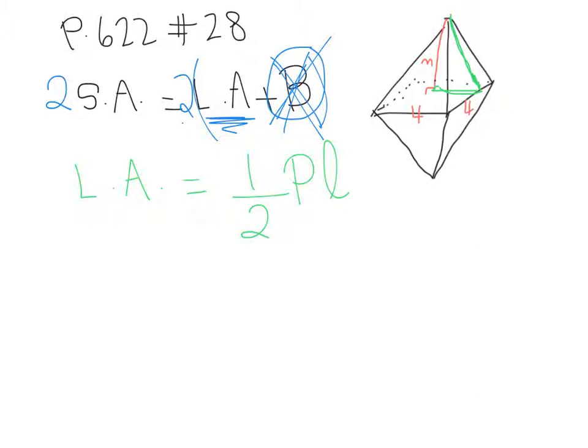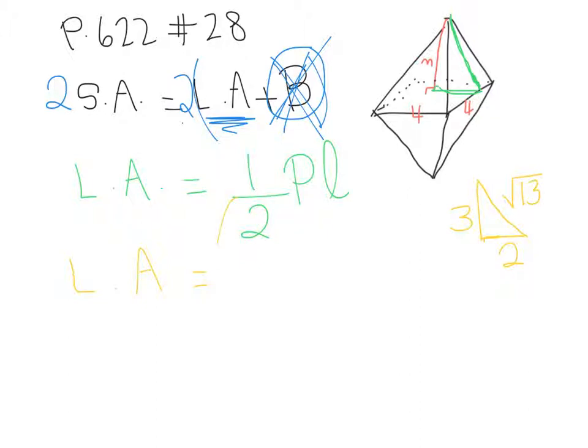One of the legs is 3. The other leg here is half the side, which is 2. And if I do Pythagorean theorem, I should end up with root 13 for the hypotenuse, or the slant height. So I know that the slant height is root 13.